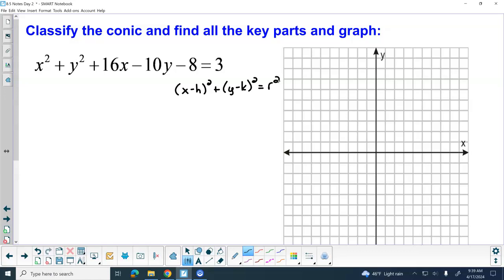Okay. So we space out x squared plus 16x plus y squared minus 10y equals 11. Right?